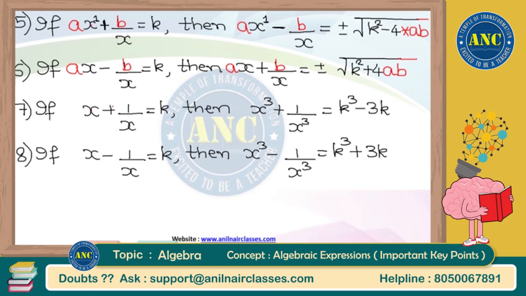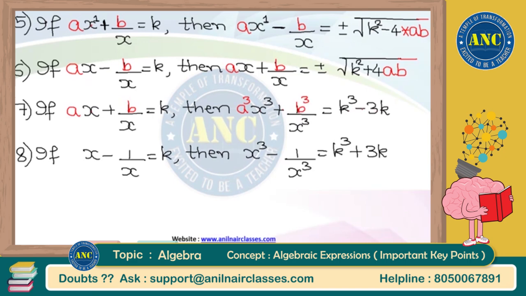The coefficient of x and 1 by x in the 7th and 8th formulas will be equal to 1. What if they are not equal to 1? Then it becomes ax plus b by x is equal to k. Instead of 1 into x cube, it becomes a cube into x cube. Instead of 1 into 1 by x cube, it becomes b cube into 1 by x cube.